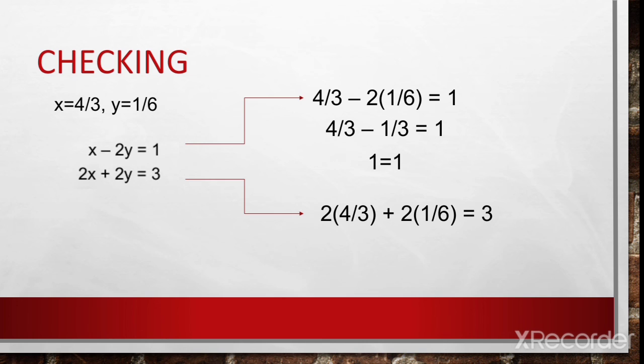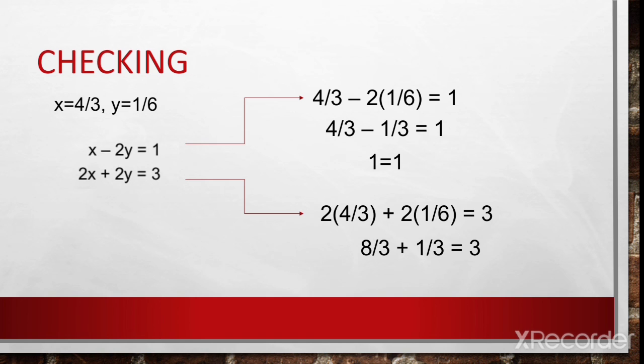2 times 4 thirds as the value of our x plus 2 times 1 over 6 as the value of our y is equal to 3. 2 multiplied by 4 is equal to 8 over 3 plus 2 multiplied by 1 over 6. 2 over 6 in lowest terms is 1 third, so 8 thirds plus 1 third is equal to 3.